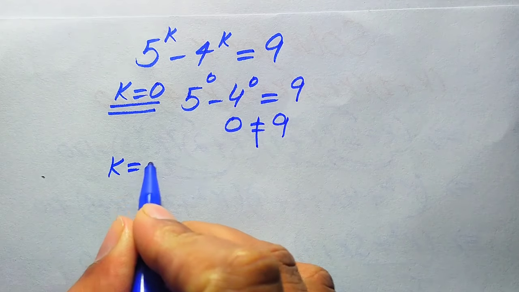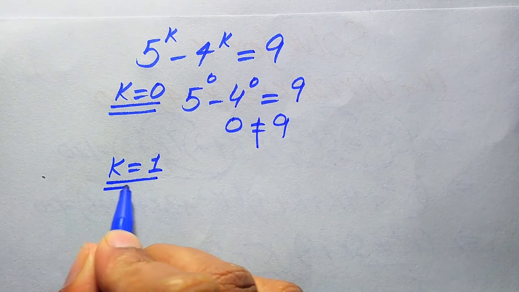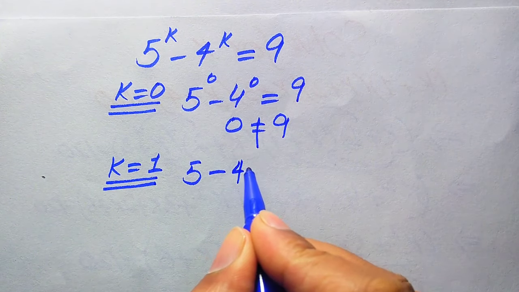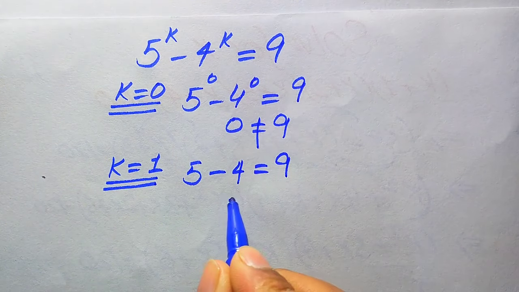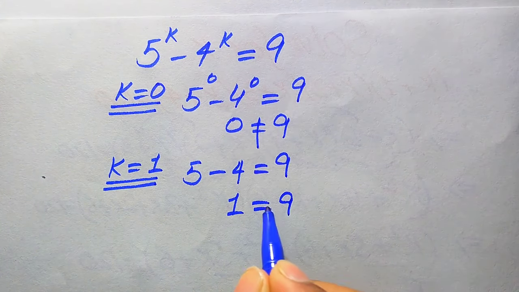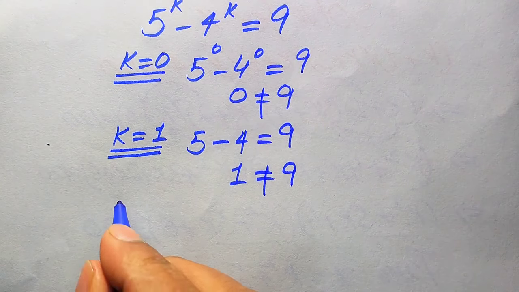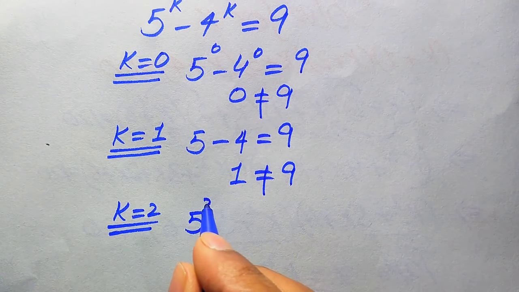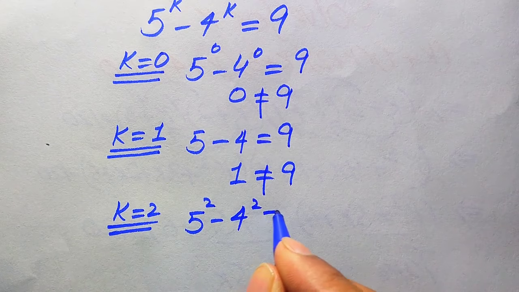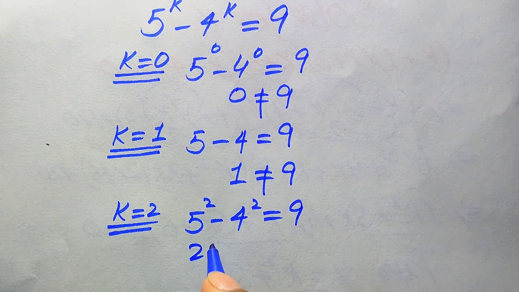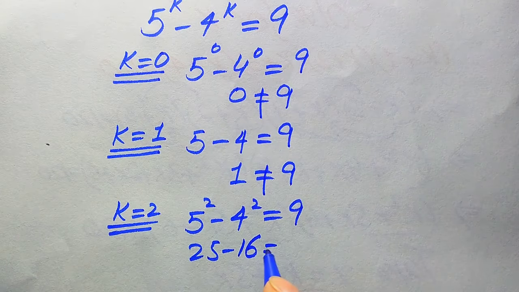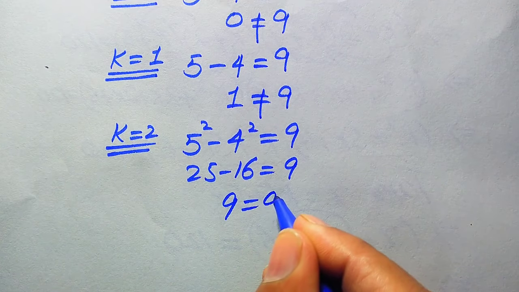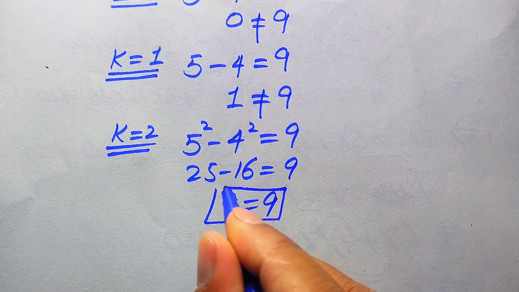For k equals 1, it becomes 5 minus 4 equals 9, which is 1 equals 9. This is also not possible. For k equals 2, it becomes 5 squared minus 4 squared equals 9, which is 25 minus 16 equals 9, so 9 equals 9. This satisfies the given equation.